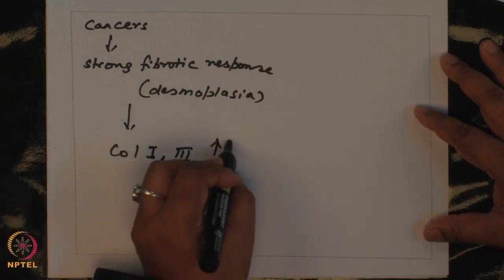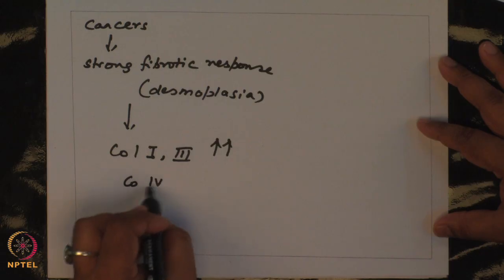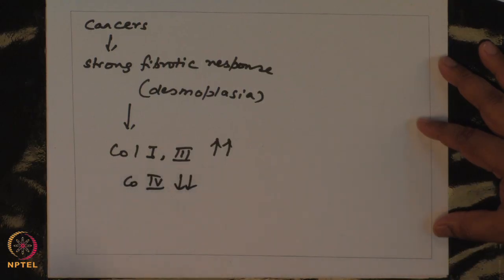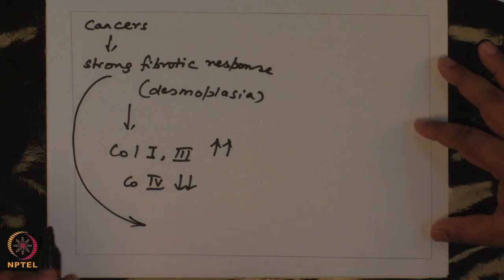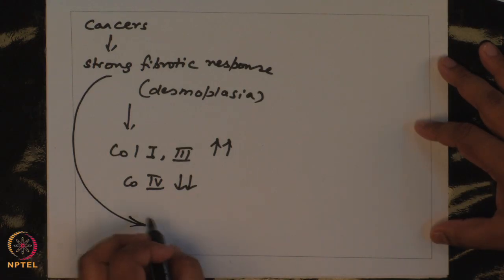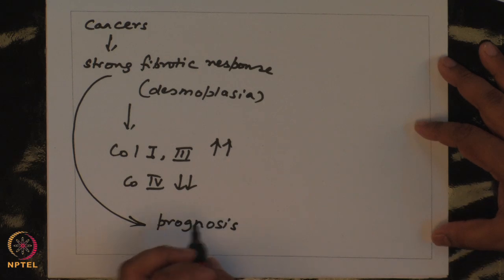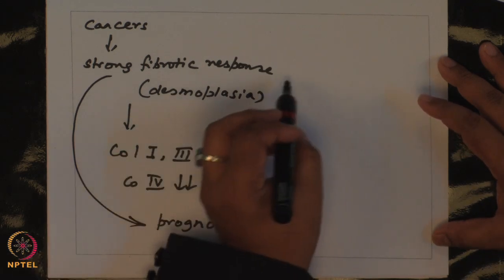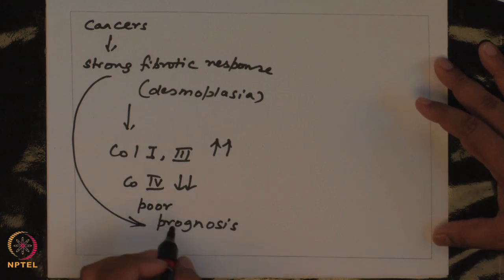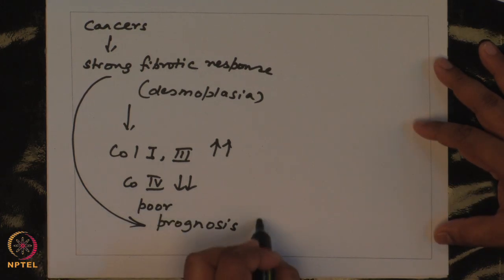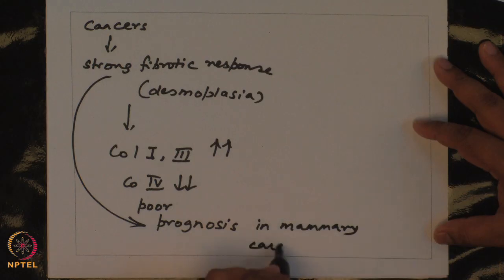These are upregulated, and you have degradation of Col4. What has been observed is a strong correlation between fibrosis and prognosis. Fibrosis is correlated with poor prognosis in the case of mammary carcinomas.